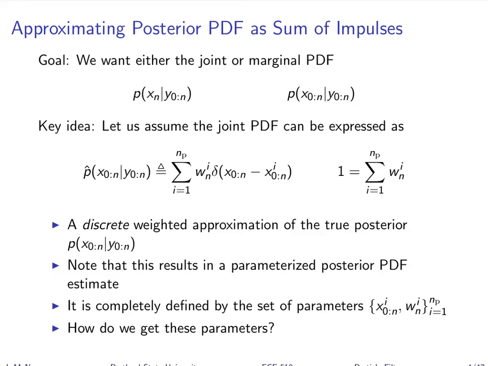The one nice thing about this representation that I didn't mention before is, when we're thinking about this posterior that we're trying to track, one of the things we try to drive home is that this multi-dimensional posterior is growing with time. You start off at time 0 and it's got a dimension m. At time 1, it's got a dimension of m squared. At time 500, it's m to the power of 500.